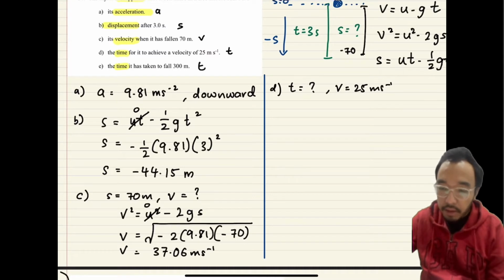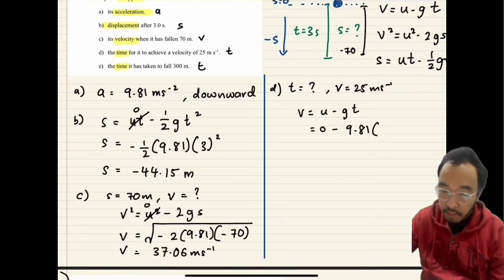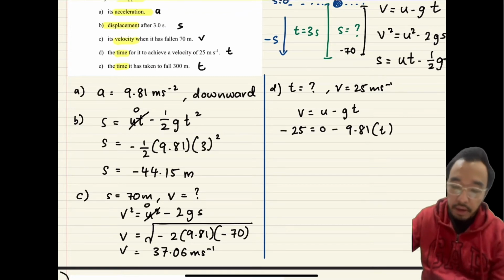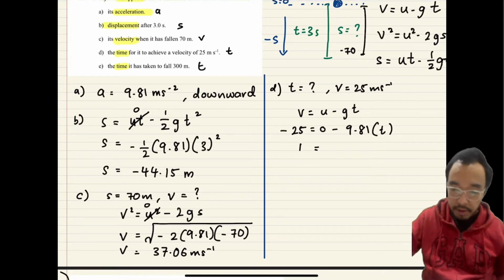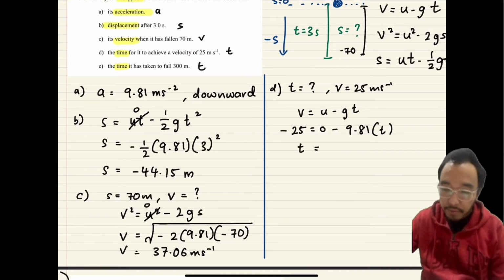Here you can use the first equation where v equals u minus gt. U is still 0. And now you want to find the time when the v is negative 25. Why do you have to substitute negative? Because this one is pointing downwards. Here, 2.55 seconds.